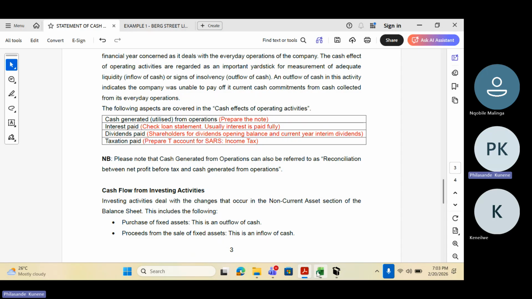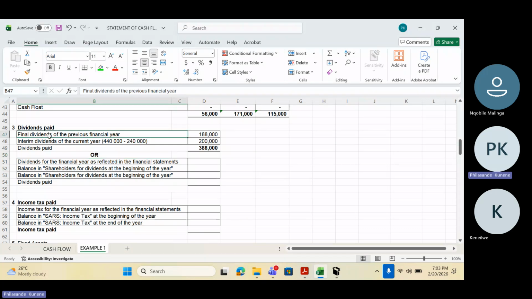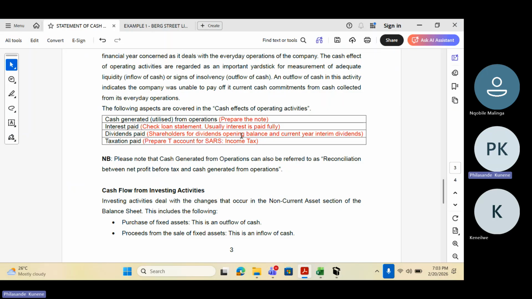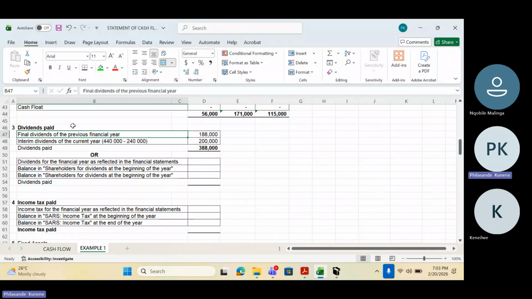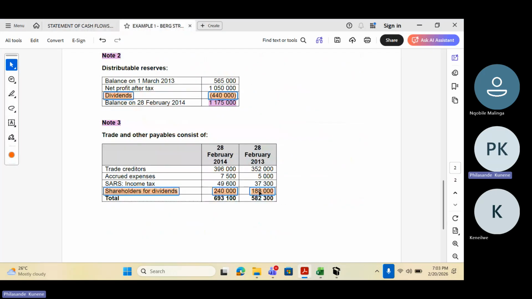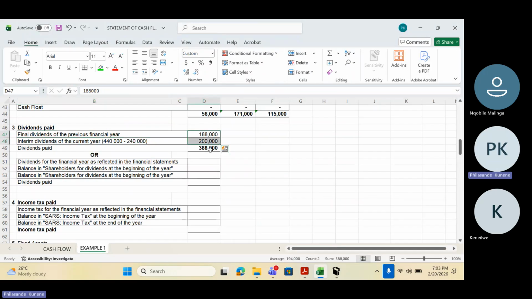Is this not what we did here? There is final dividends of the previous year. That is the shareholders for dividends at the beginning of the year, which is this 188,000 plus interim dividends of the current financial year. That's exactly what we used. 188,000 plus the interim, these are the two amounts.